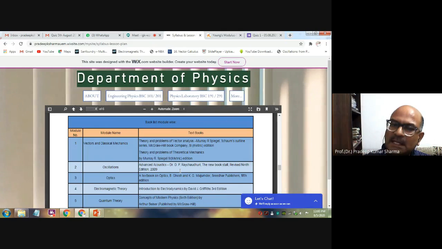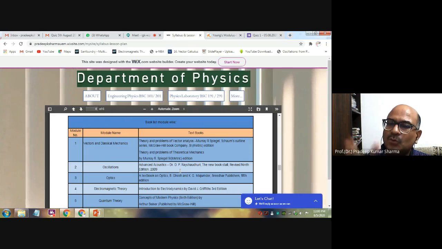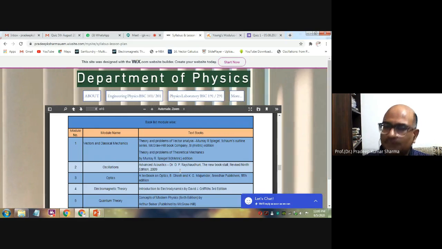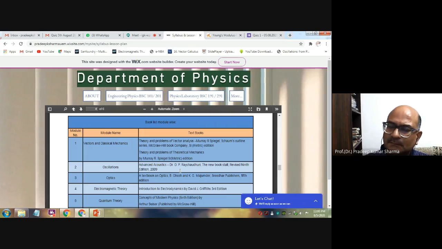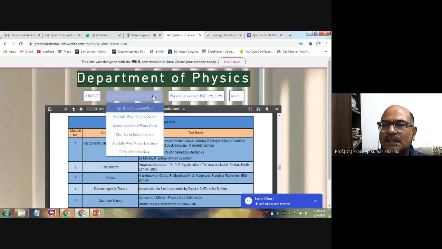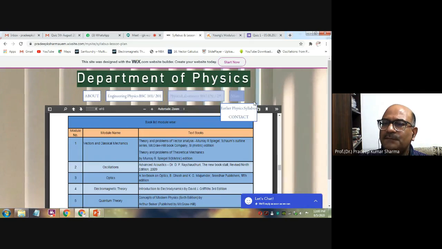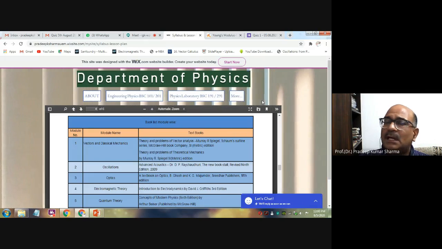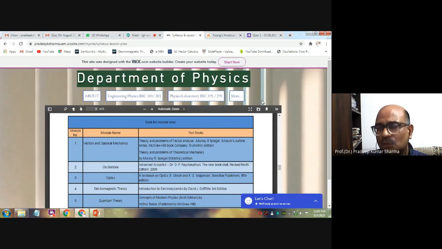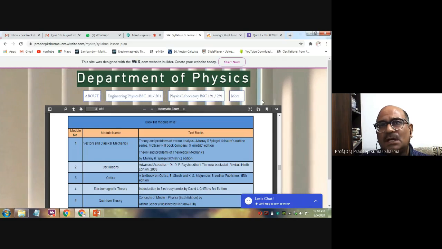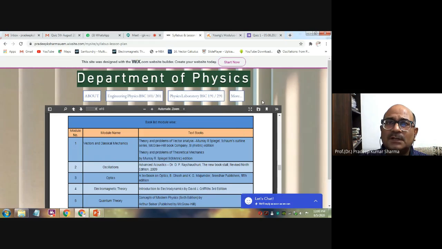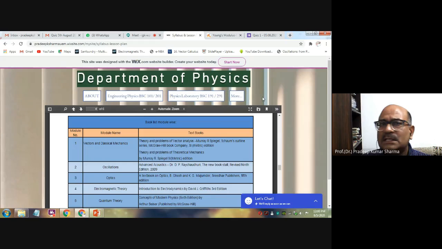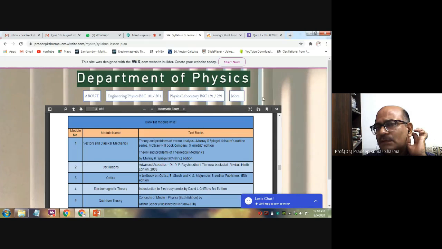The entire material, the entire textbook, I will provide on my website. There is no issue for physics. I will provide everything, and if there is any need, I will give you the textbook name. My textbooks are also available on Amazon. There are 3-4 books of mine on Amazon, but the syllabus is not according to what we have discussed.